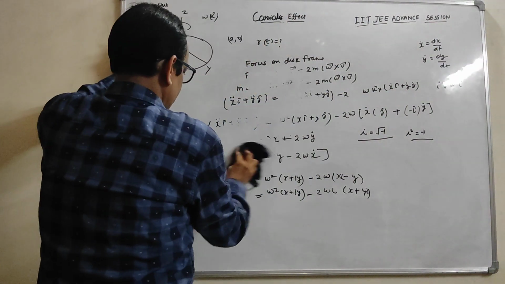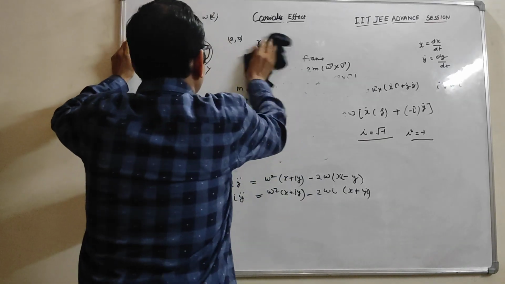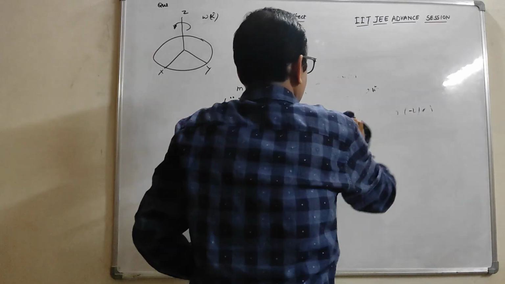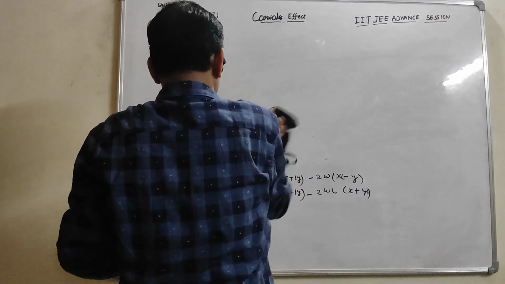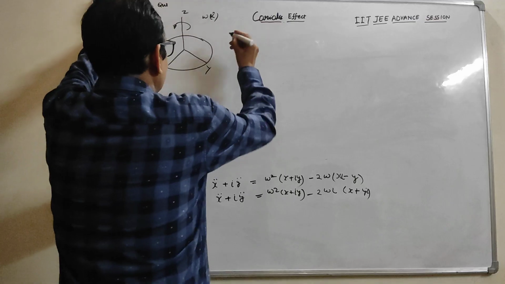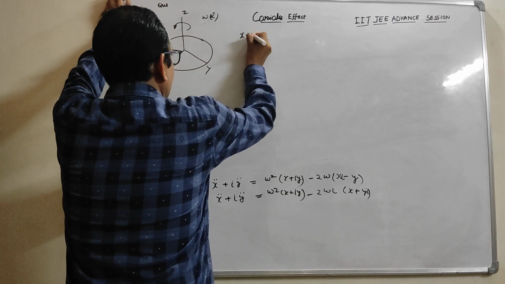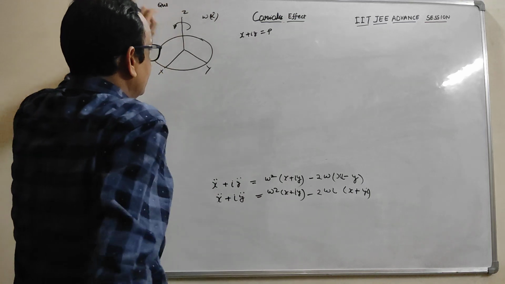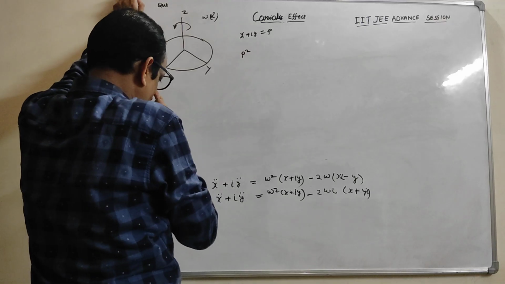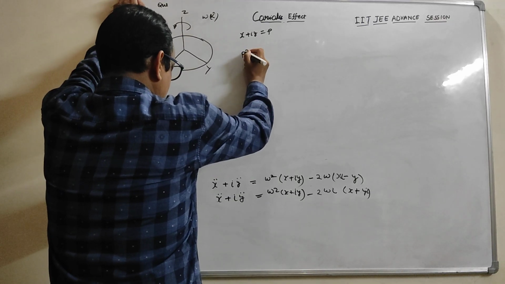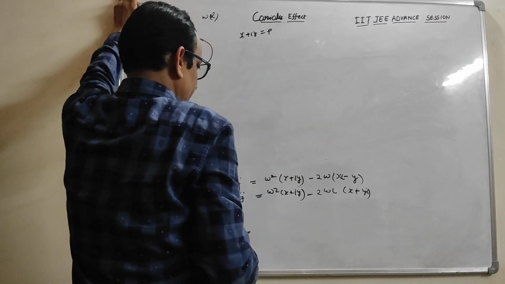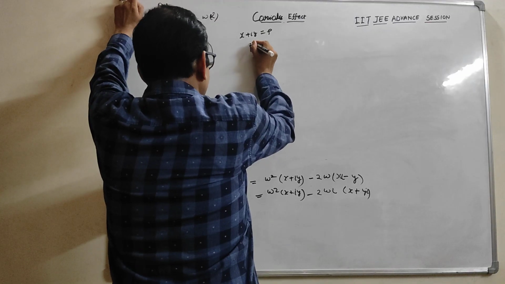So let's consider x plus iy is equal to p. So this becomes p double dot.